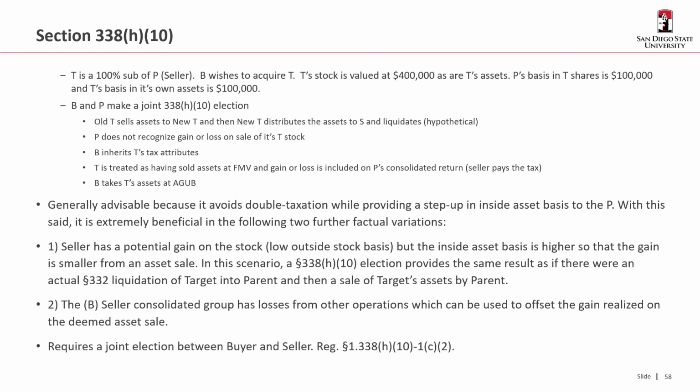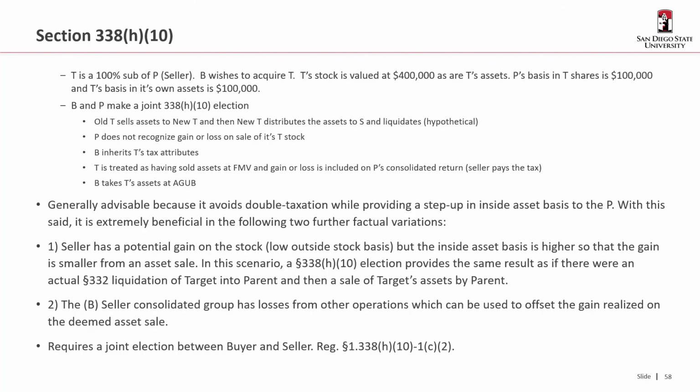So old T sells the assets to new T. Then new T distributes the assets to P and liquidates. Okay, let's think about that for a second. Old T sells the assets to new T. That's a deemed sale. Doesn't really occur. Then new T distributes the assets out to the seller and liquidates in a hypothetical transaction.